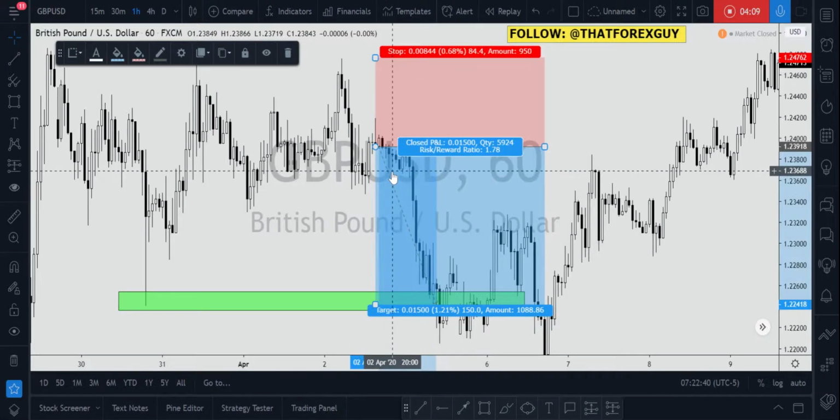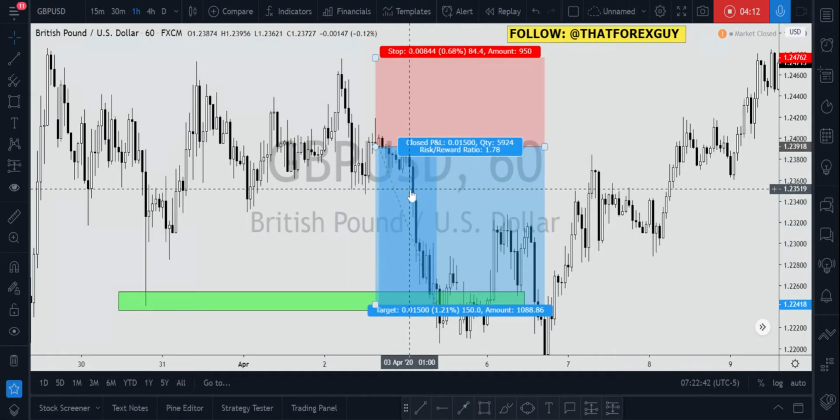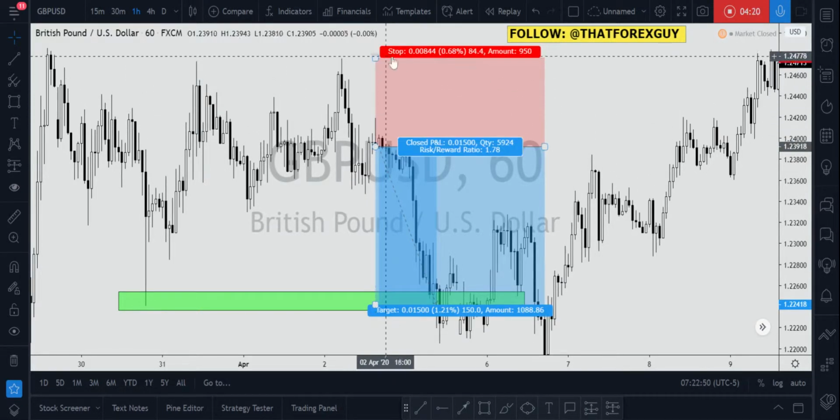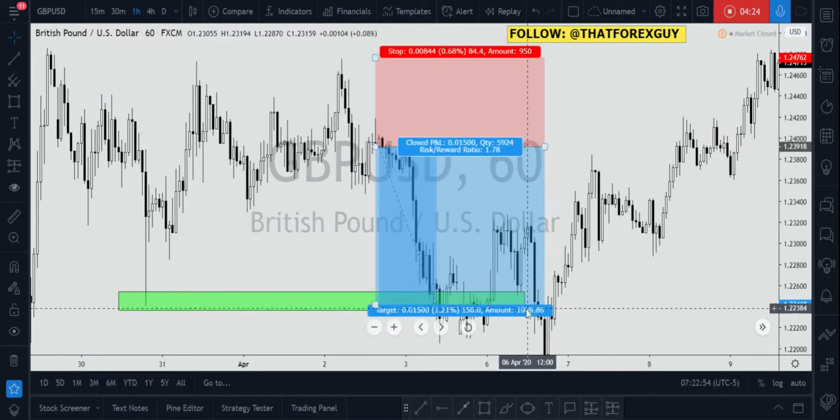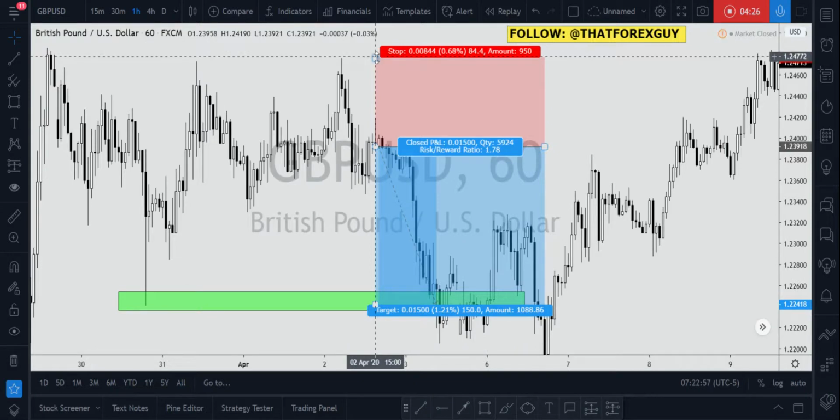But let's say you had a better method of trading. You knew how to really snipe the markets. You really understood how the markets were working, and you were able to get this stop loss. Now I want you to really pay attention to this number and this number as I lower the stop loss and also the risk to reward ratio.